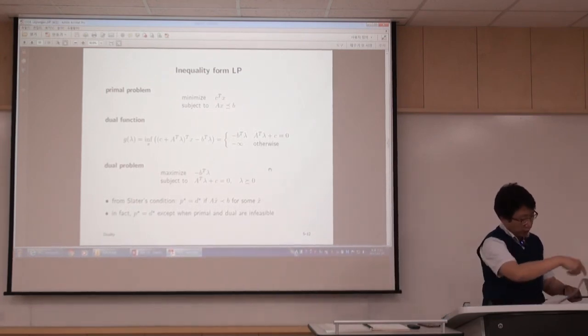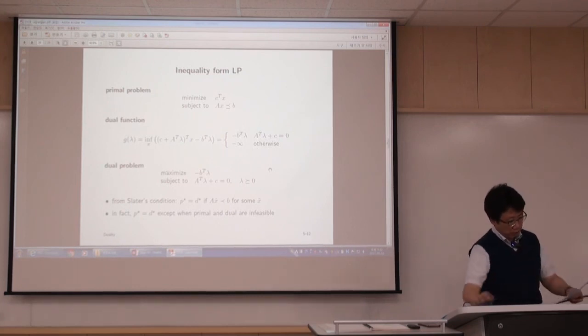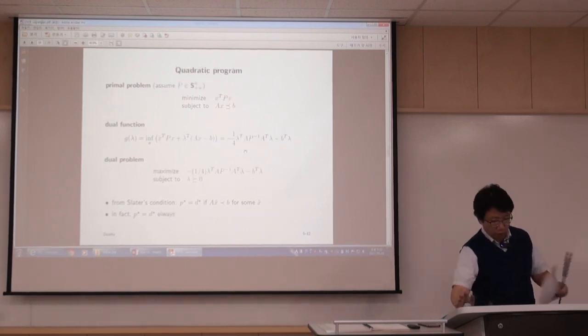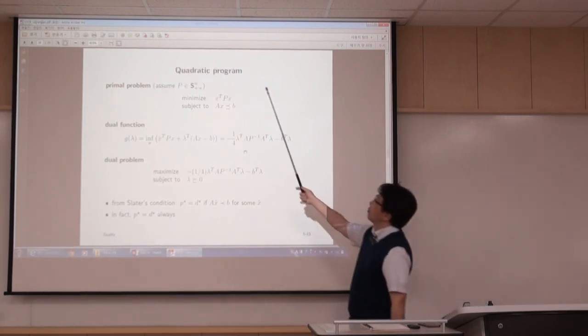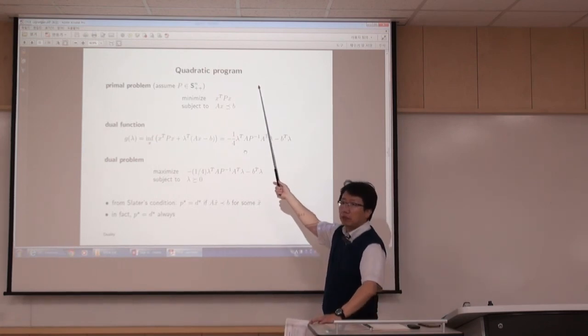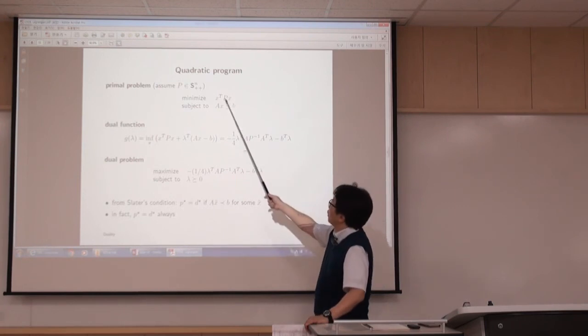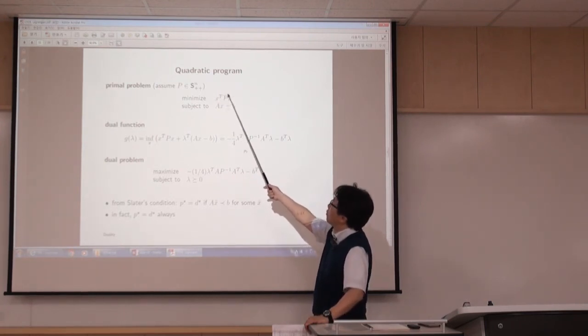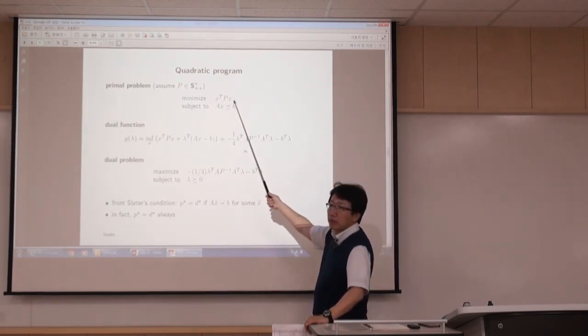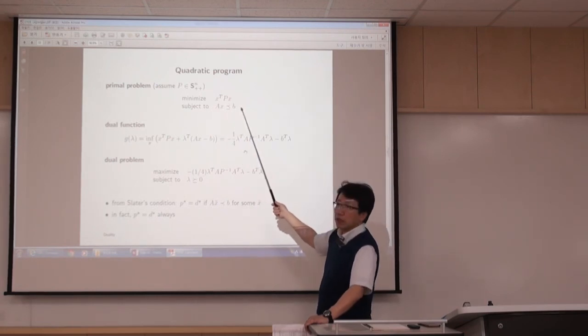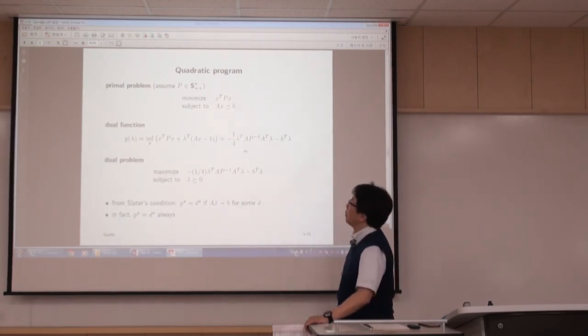What else do we have? We have a quadratic programming problem. And this is more difficult than what we've just seen. At that time, we have x transpose Ix and Ax equals b. Now we have a little bit different form.